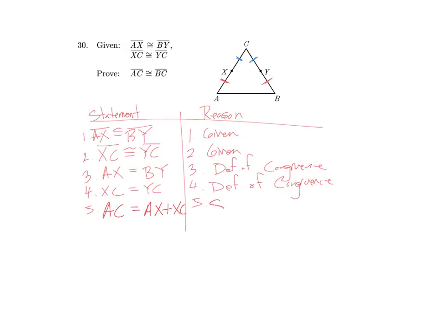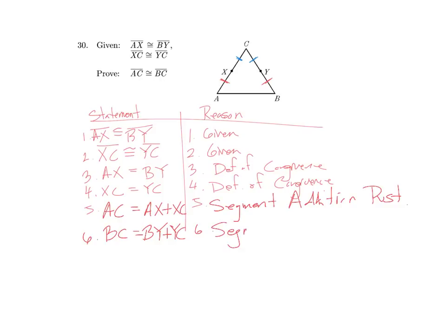And the reason for that is just segment addition postulate. And then I could also do BC. BC is equal to BY plus YC. By the segment addition postulate.